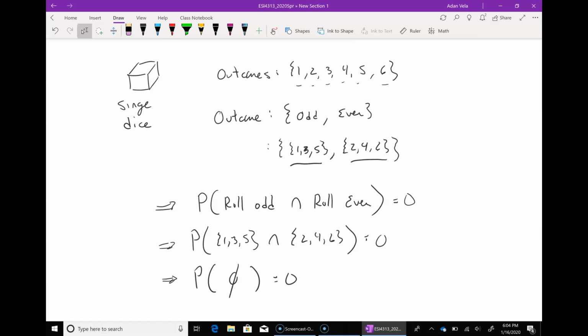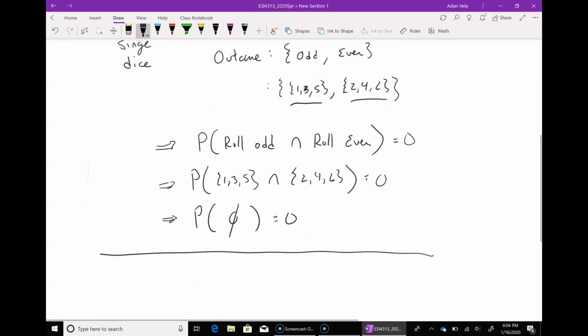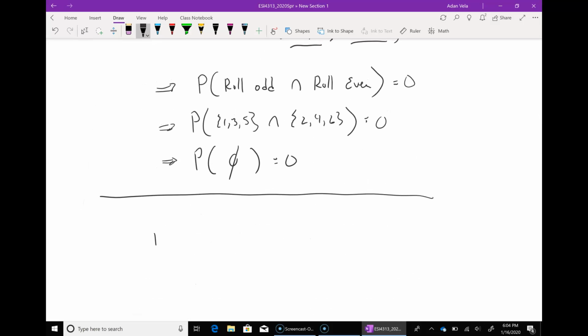Now, we can certainly imagine a case with a single die where we don't have mutually exclusive events. Let's say I were to ask the question, what's the probability that my roll is odd and less than or equal to 3? Let's rewrite this to be a little more clear: the probability that the roll is odd and the roll is less than or equal to 3.